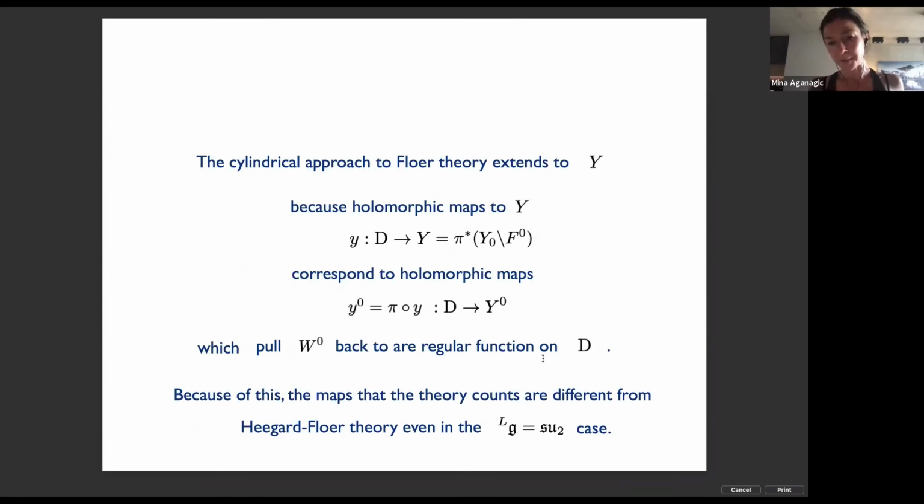Because of this, the maps that the two theories count are different. They're certainly different in general, but they're different even for the SU2 case when the target involves a single symmetric product.